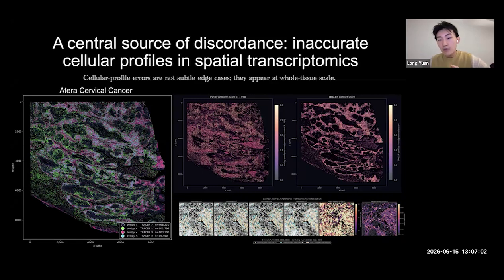These are not random noisy spots. They follow a very delineated tissue architecture. So the key point here is that transcriptomic discordance is spatially organized, and that means it is not just a downstream annotation problem, it is actually a cellular reconstruction problem.